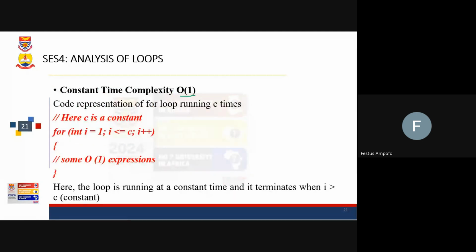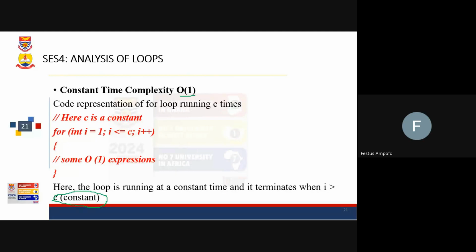So if we are to bring that definition here, then it means N is any variable, and how to know that this is a constant or linear time complexity will be quite complicated, because we use C here, and I can choose to use the same N. But you need to define it as a constant. That is what we have where I is greater than C and C is a constant.